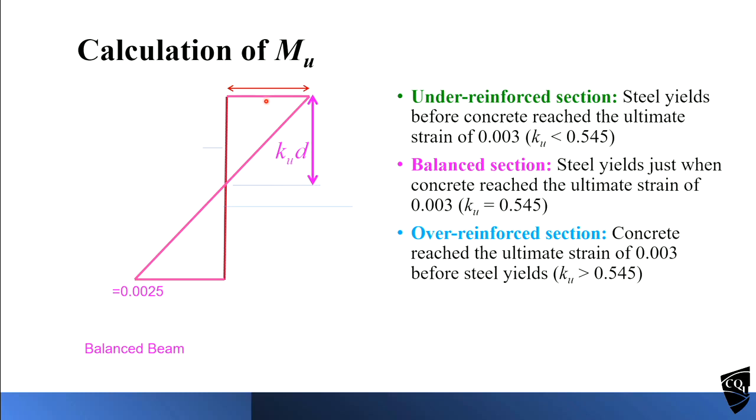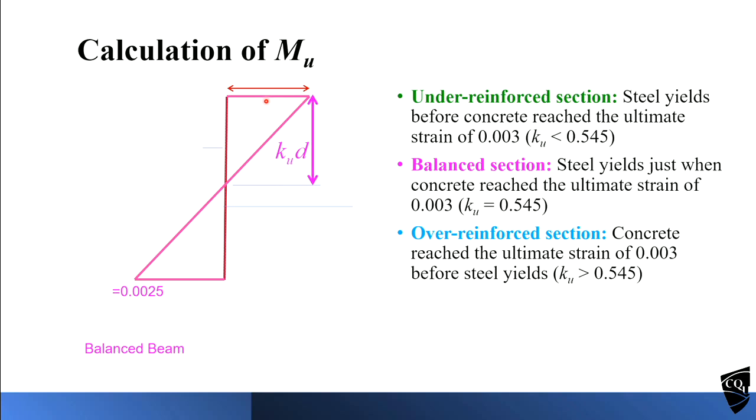Depending on the area of the steel and the depth of the neutral axis, the rate of increase might change. So if both strains reach their limits at the same time, that is called a balanced section. So steel yields just at the time the concrete reaches the ultimate strain of 0.003, same time.